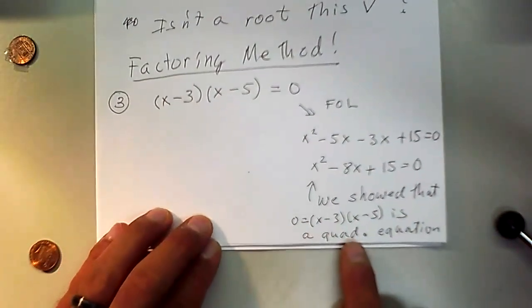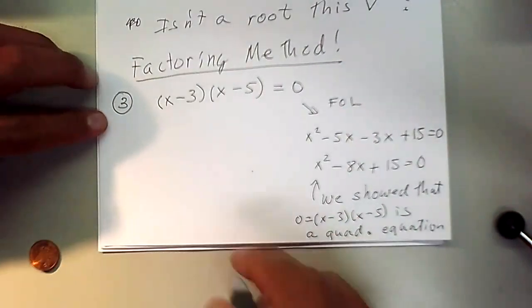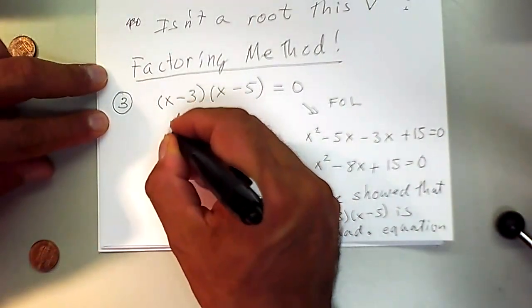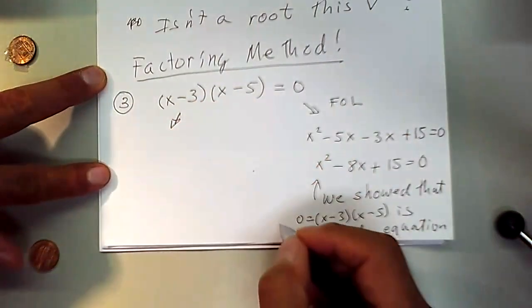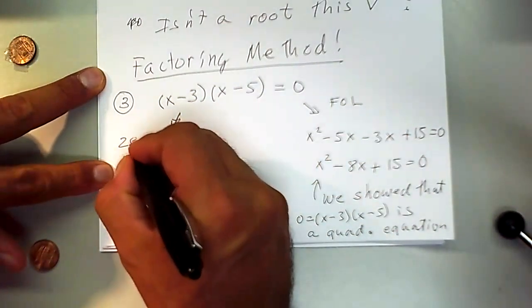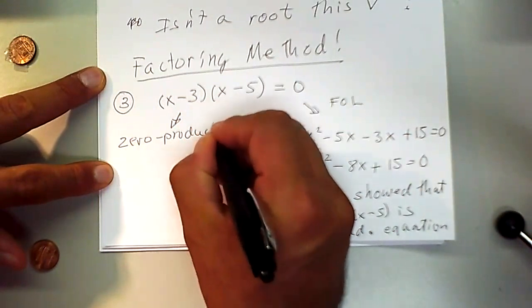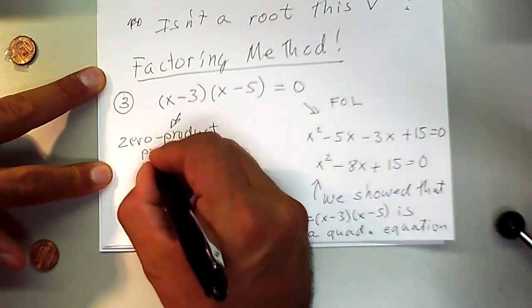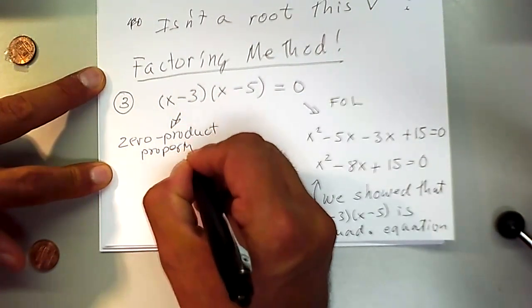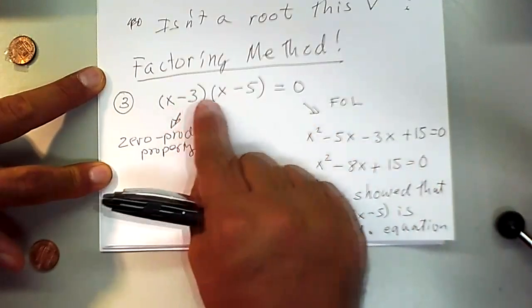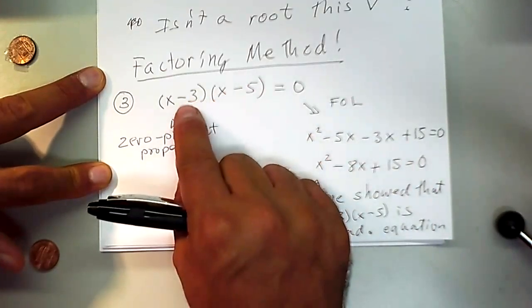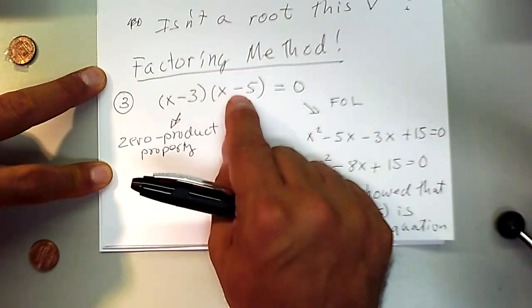All right. If we were to solve the equation, then we do something else. Then we use what is called the zero product property, which states that if a product is equal to zero, then either this is equal to zero or this is equal to zero, but that's it.